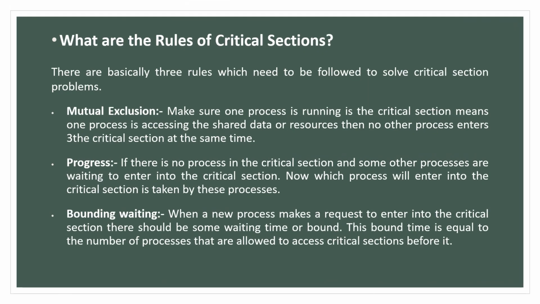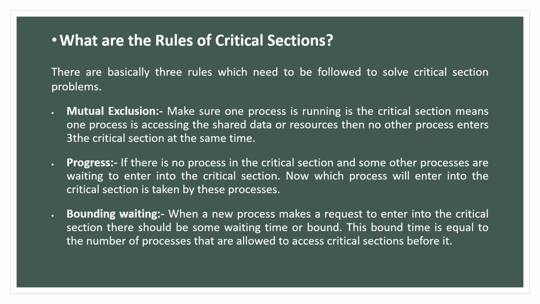Okay, there are three rules needed for solving the critical section problem: mutual exclusion, progress, and bounded waiting. In mutual exclusion, when one process is running in the critical section, accessing shared data or resources, no other process can enter the critical section at the same time.